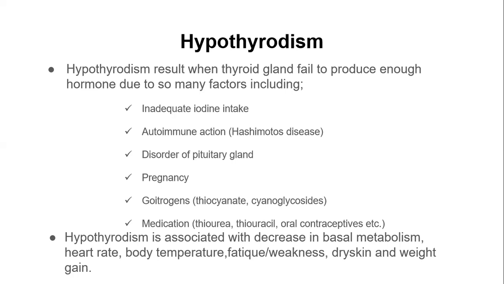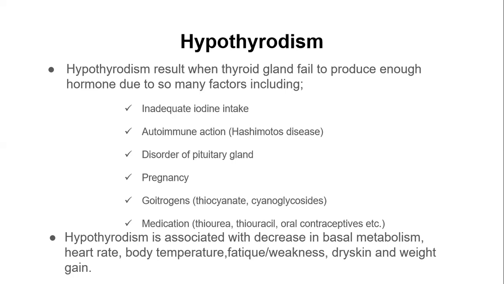These goitrogens are compounds, also called anti-thyroid, that inhibit the uptake of iodine. And when we say they inhibit the uptake of iodine, we are definitely referring to the ATPase dependent sodium potassium pump.